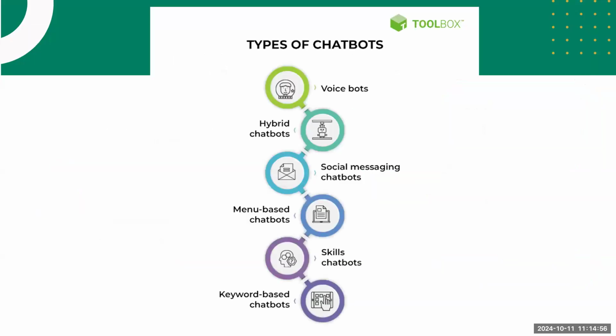Then obviously there are a variety of different chatbots, so each of them may have a different way of interacting. For example, voice, hybrid, and the social messaging chatbots, which I've been accused of manipulating content for elections and so on.